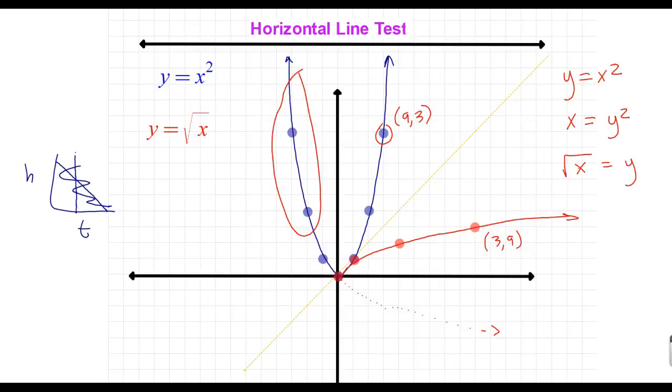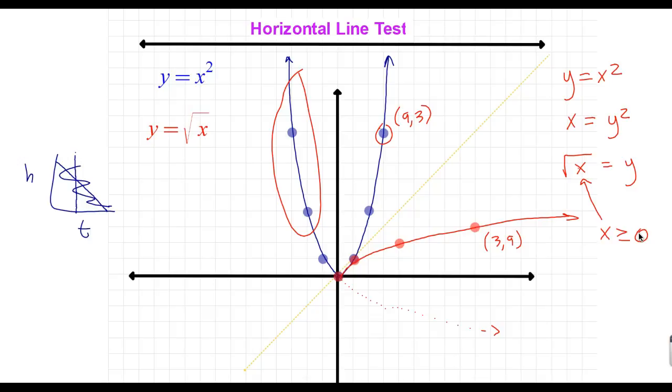This part is not part of my domain because I have a radical, and x must be greater than or equal to 0. I'm not allowed to plug negative numbers in there and get a real number solution. So that's what the horizontal line test does: it gives you an idea of whether the result of what you graph is indeed going to be a function.